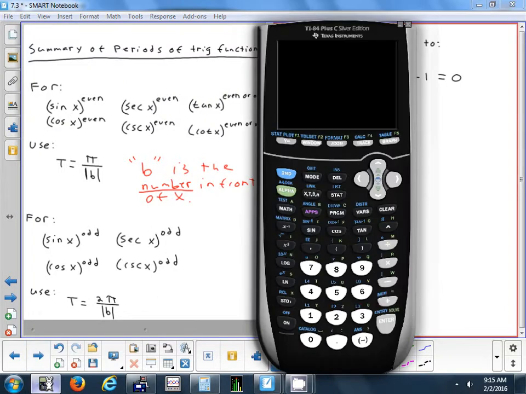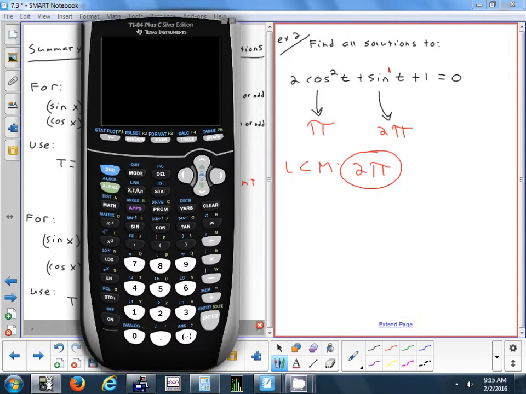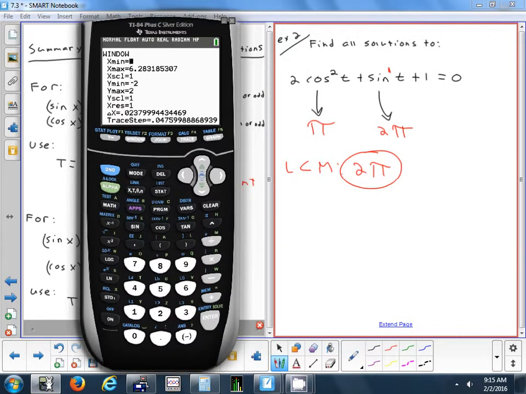So I'm going to set my window from 0 to 2 pi. I'm already set. If you wanted to go negative pi to pi, you could. Technically, that is 2 pi units wide, but I usually go 0 to 2 pi. And now we just type it in.